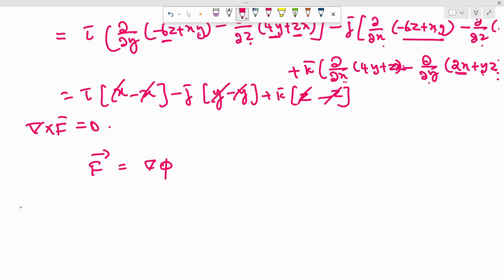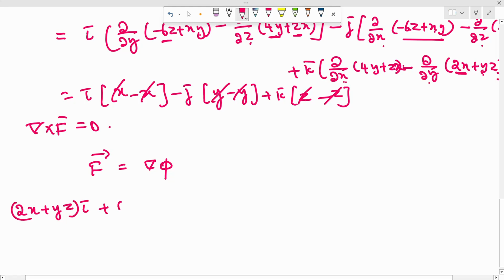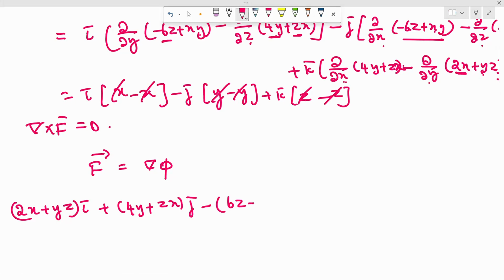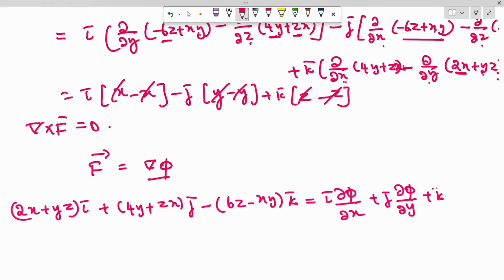First, f vector is nothing but our given equation, which is 2x plus 2yz into i vector plus 4y plus zx into j vector minus 6z minus xy into k vector equal to, write the expansion for this del phi: i vector into dou phi by dou x plus j vector into dou phi by dou y plus k vector into dou phi by dou z.